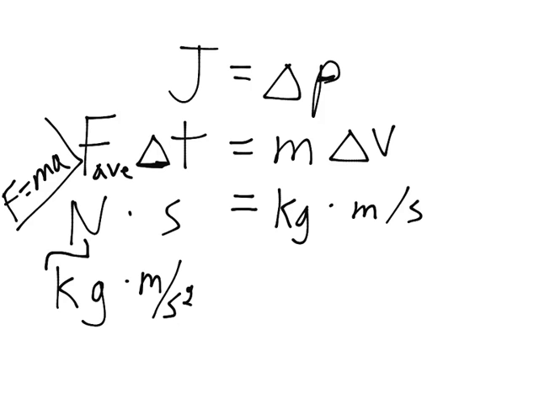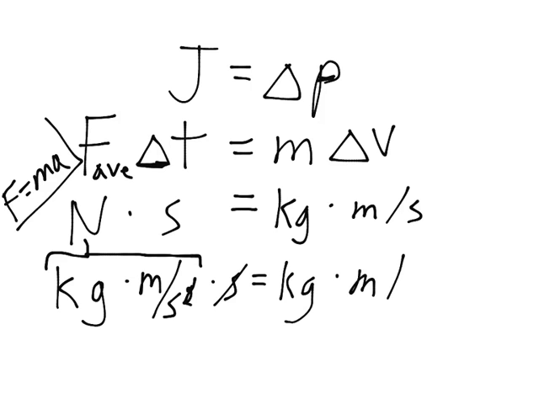So this is our term for newtons times seconds. And if you think about it, divided by seconds squared, and then times seconds, well, those are going to cancel out. And so you're left with kilograms times meters per second. And so the units on the left and the right do match, and so we know that this makes sense as a definition for impulse. The units do match on both sides, so it's good.